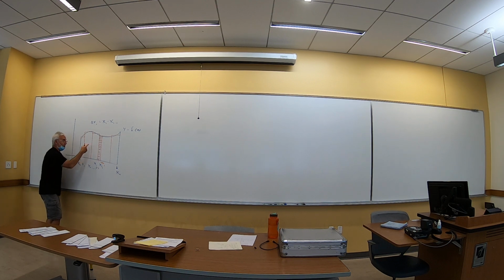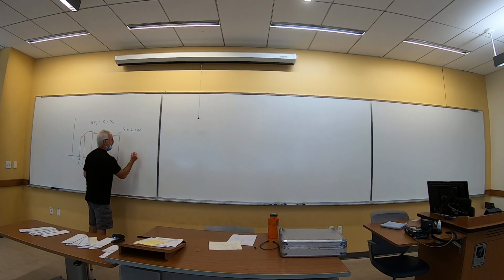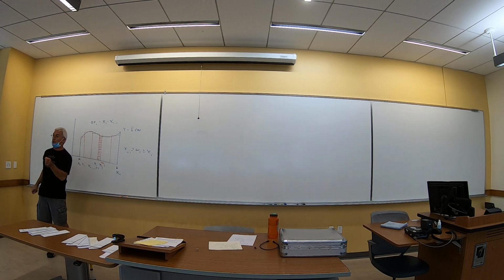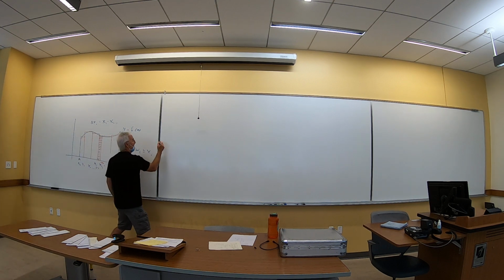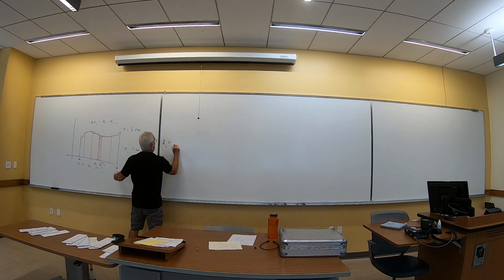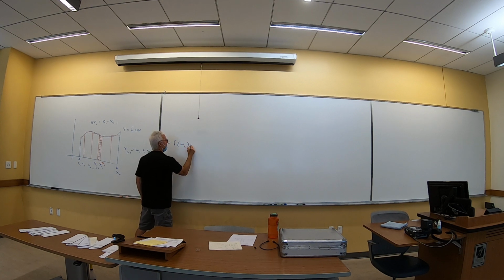That I'm going to call w2, w3, and so on, where wi must be between xi minus 1 and xi. It could be either endpoint, it could be in the middle, it could be anywhere in there. But that's where I measured the height. Therefore, I can now say the area of the ith rectangle is equal to f of wi times delta xi.